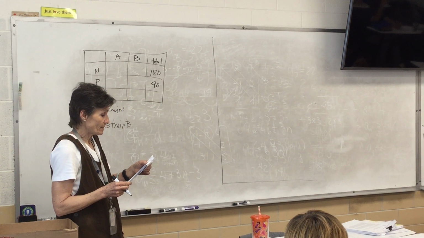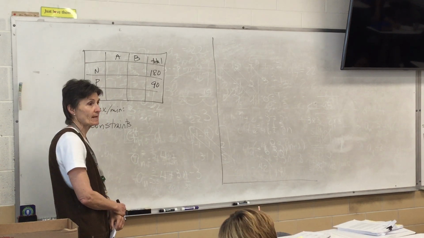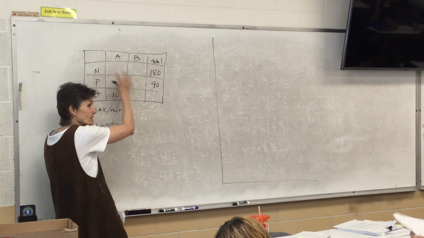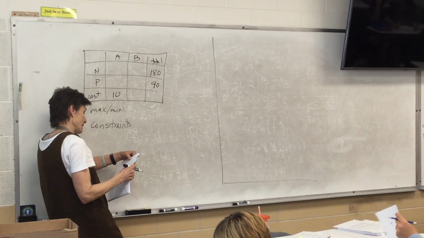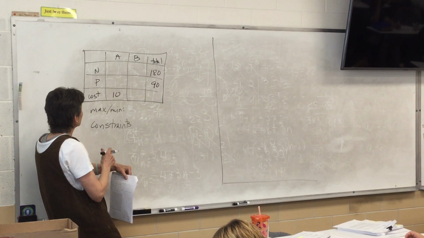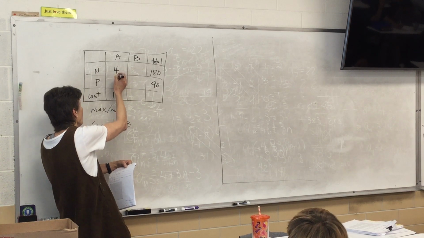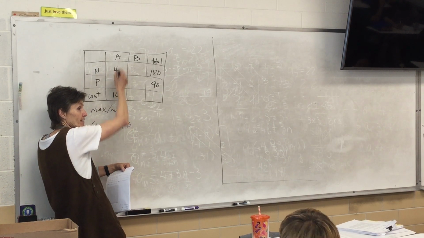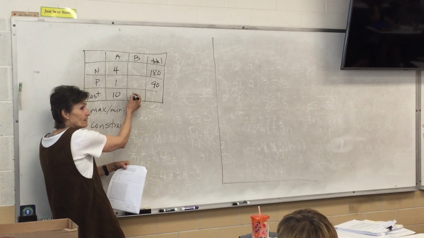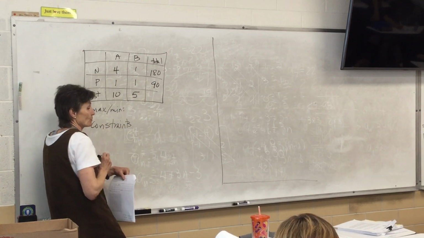Their supplier has 2 brands of fertilizer for them to buy. Brand A costs $10 a bag. Where does the 10 go? A cost. See, it's kind of a matrix. And brand A costs $10 a bag and has 4 units of N and 1 unit of P. That's brand A. And brand B costs $5 a bag and has 1 unit of each nutrient.